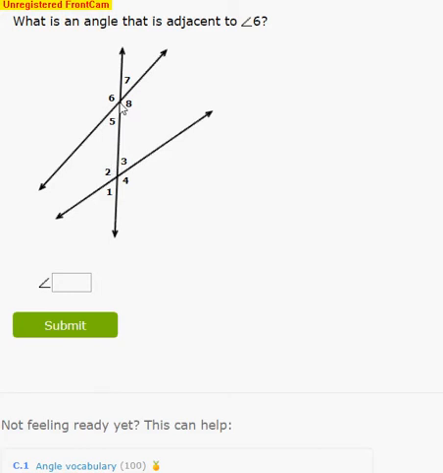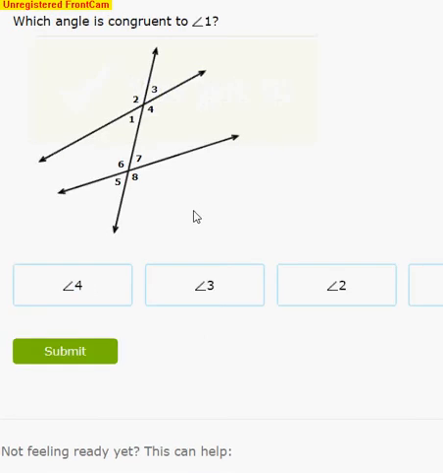Because angle 5 shares that same vertex once again and the same side, we can say for sure that angle 5 is also adjacent. So that is the great thing about vocabulary. You cannot go wrong. If you know the vocabulary, your life is easier. So 7 or 5 would be good for this answer, right?